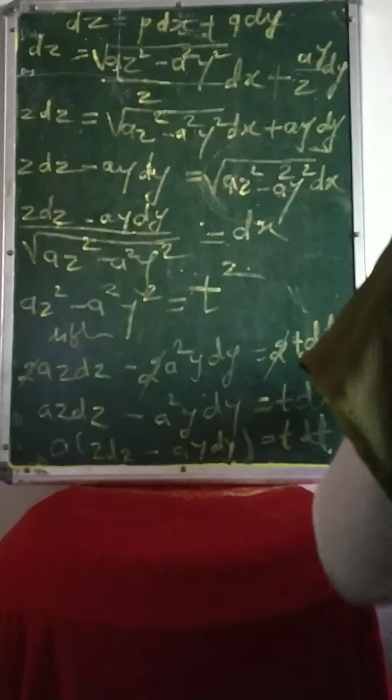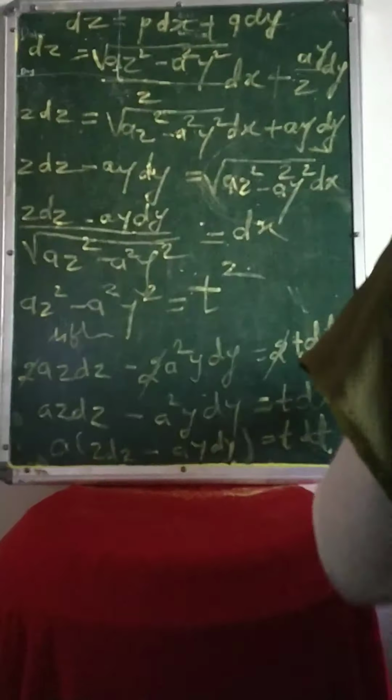Now from this, z dz minus ay dy equal to 1 by a into t dt. A transfers to this side, 1 by a t dt. Now we put all this value in this equation.